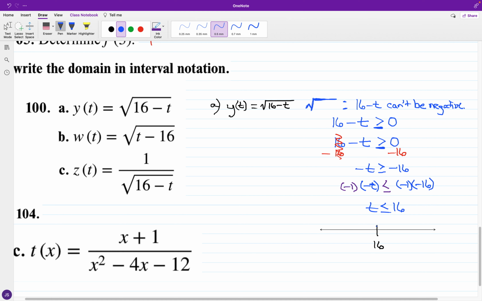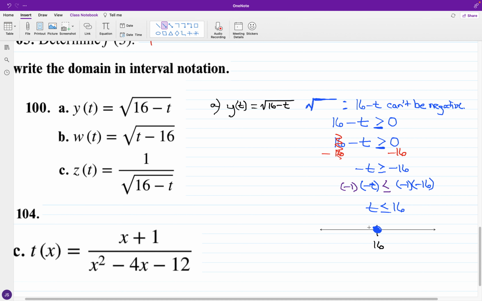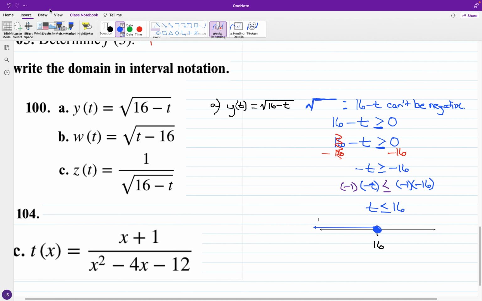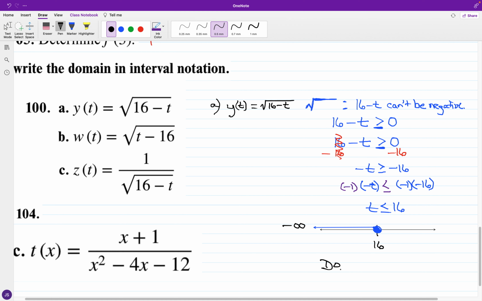With the equal part, 16 is going to be in the set, and we can indicate that in graphing by a closed point, and the other values of t will be less than 16, moving continuously downward in the direction of negative infinity. So for the function y of t, we have for the domain.